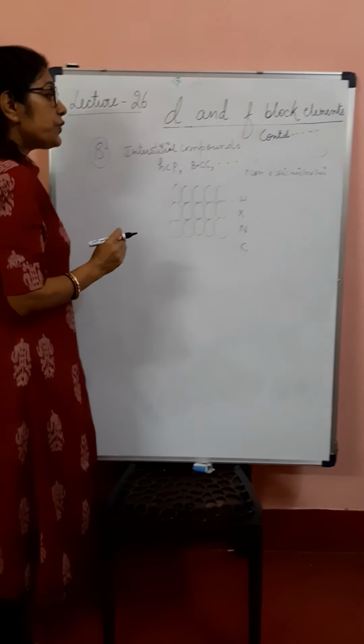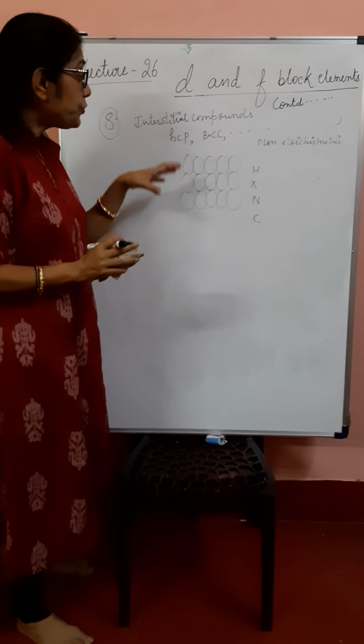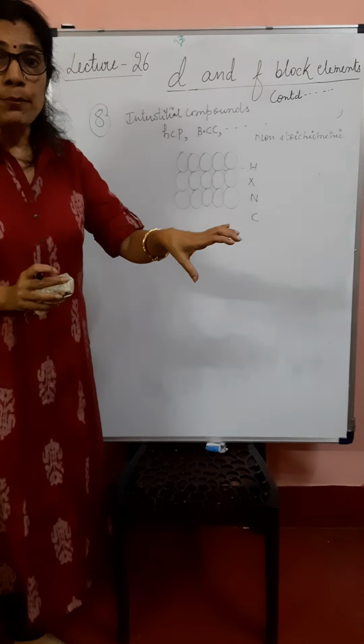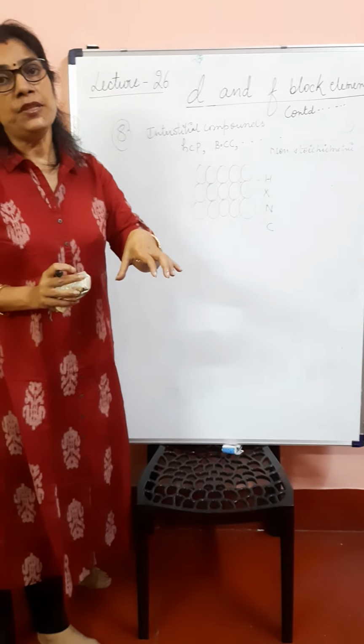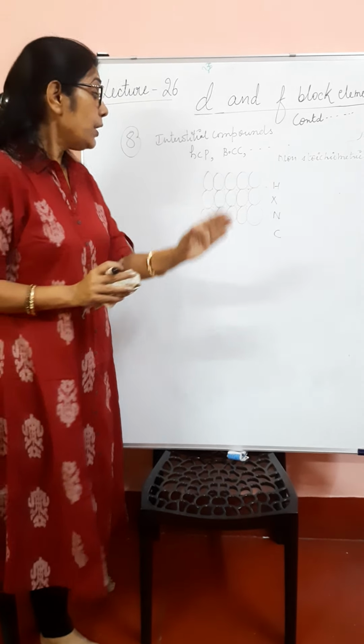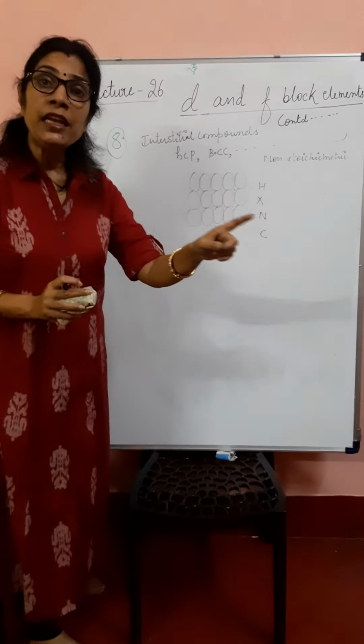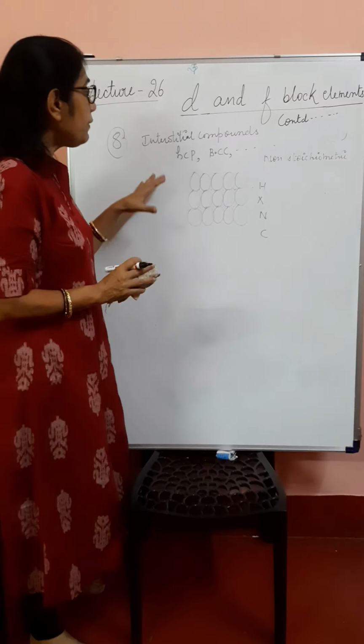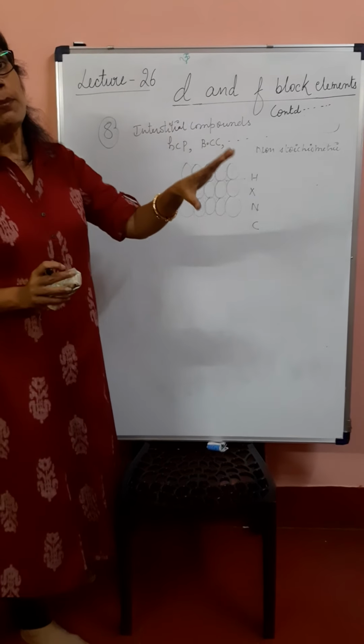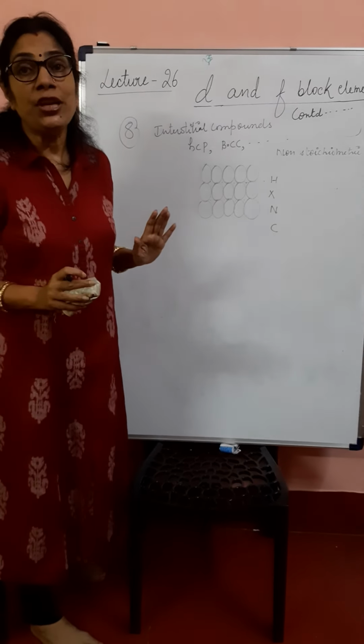Non-stoichiometric means the ratio of metal to non-metal may or may not be the same, and normally it is not the same because the voids cannot be equivalent to the number of metals. So these interstitial compounds are non-stoichiometric in nature.